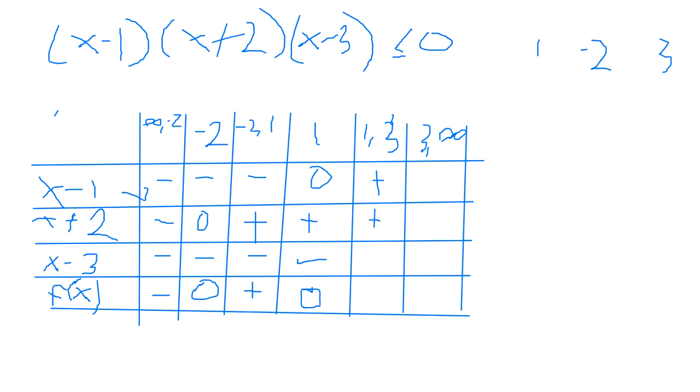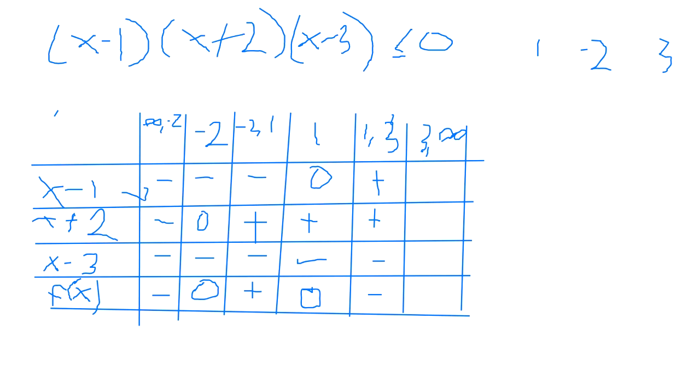Then at x minus 3, if I replace x with 2, what will I get? Negative. Good. So positive times positive times negative will give me what? Negative. Good. And we go to the last one, 3 to infinity. Can you give me one number between 3 and infinity? 4.